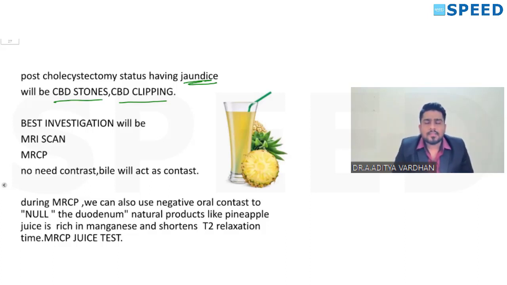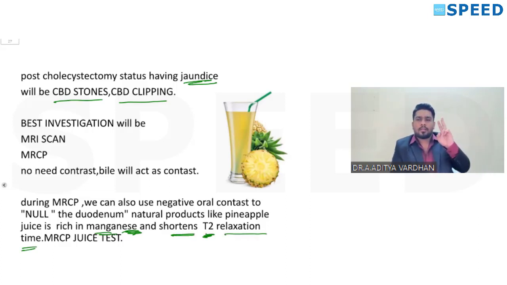What happens here is, when the patient drinks pineapple juice, which is rich in manganese, manganese has the property of T2 relaxation time shortening. Two things you should remember: manganese is rich in pineapple juice, and manganese is responsible for T2 relaxation time shortening.